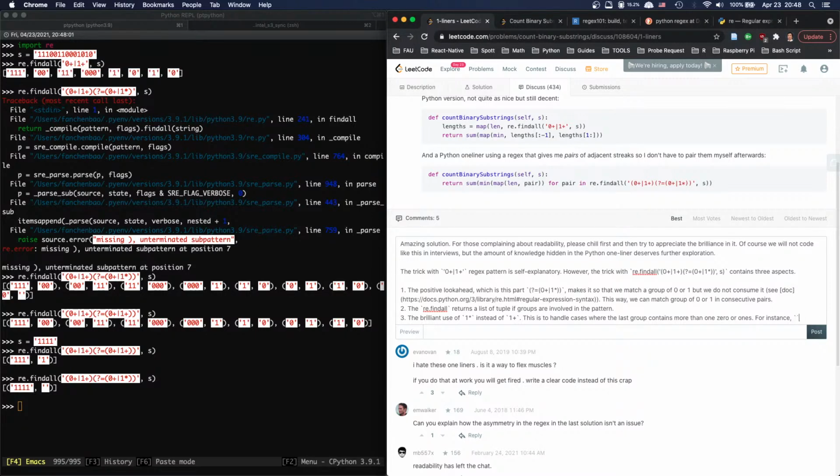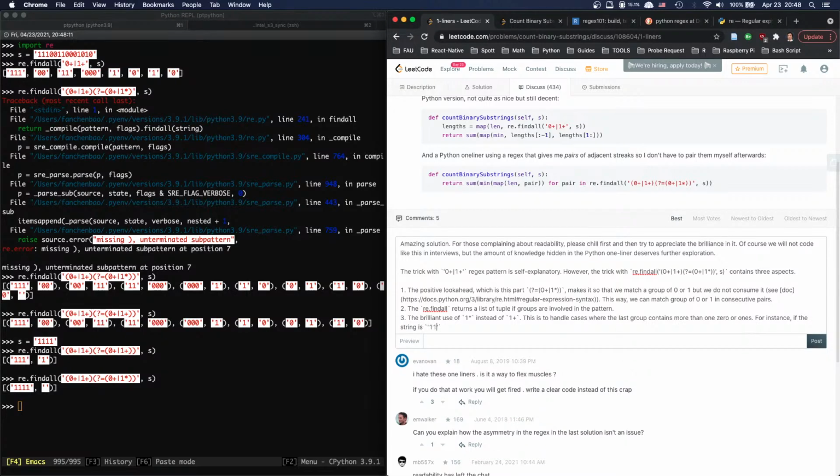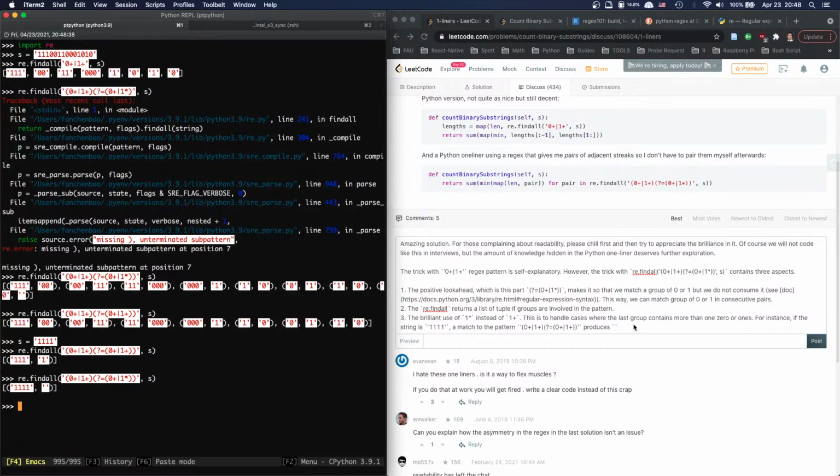If the string is 1 1 1 1, a match to the pattern produces a tuple, 1 1 1 and 1.